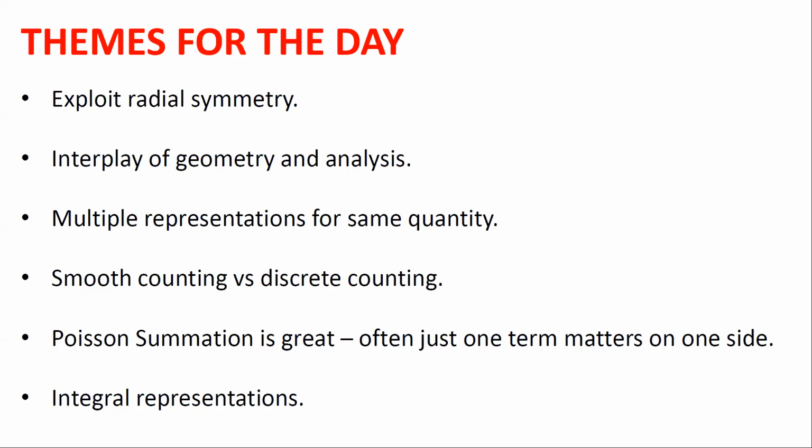The next thing is the difference between smooth counting and discrete counting. In number theory, it is very hard to have sharp cutoffs. So if you want to count just how many primes there are up to x with a sharp cutoff, that's a lot harder than having a smooth weight function where maybe every prime up to x is given a weight 1, and then you have a weight crashing down when you get up to maybe 2x.